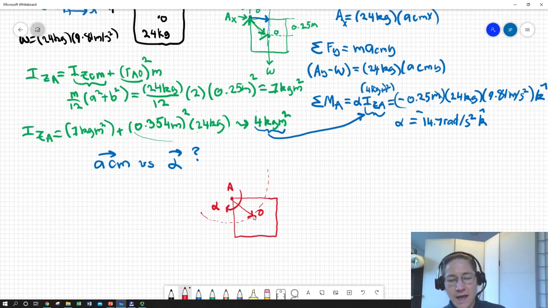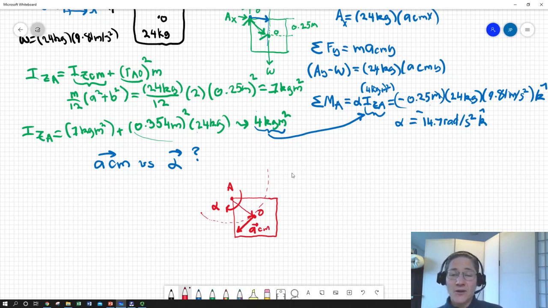So I can look at the vector ACM as simply being tangent to point O at this point. We don't have a normal component because we're looking at the instant it's released from rest.